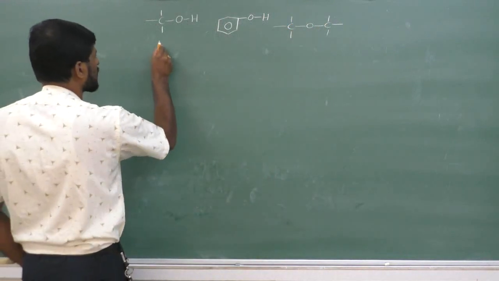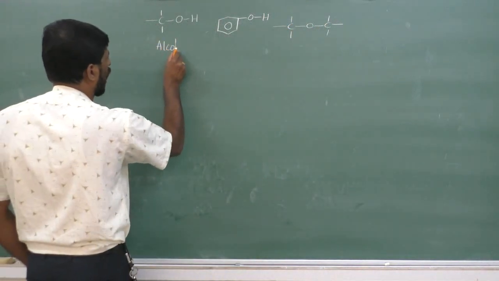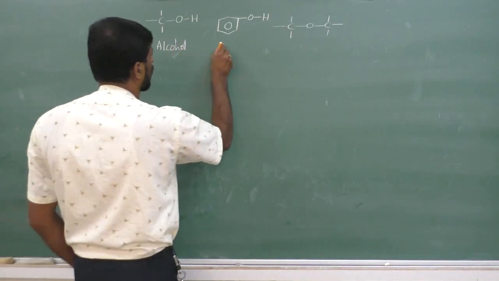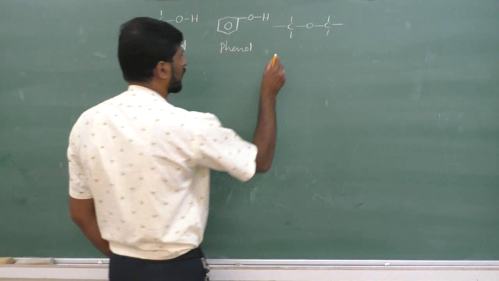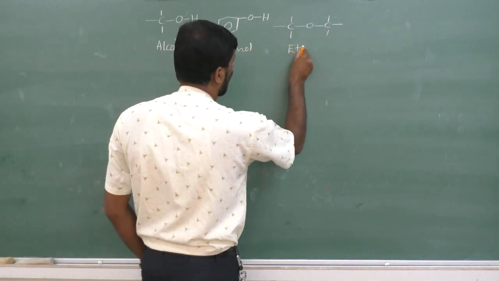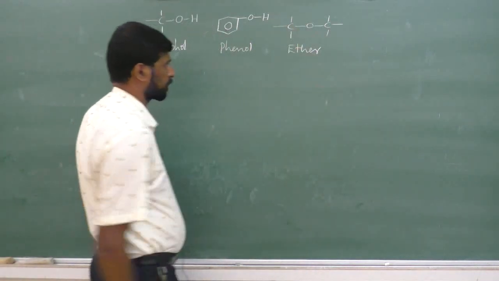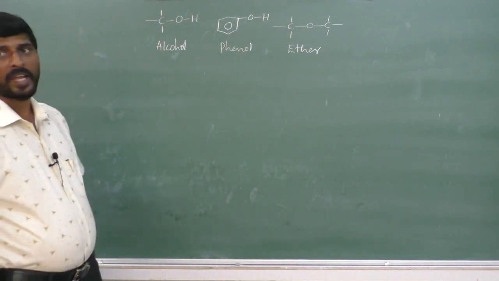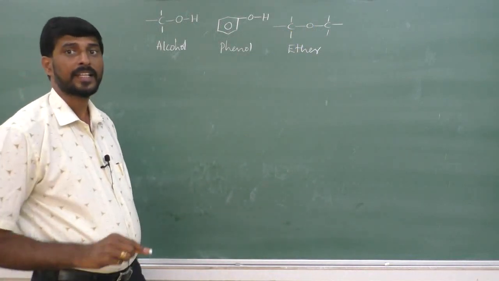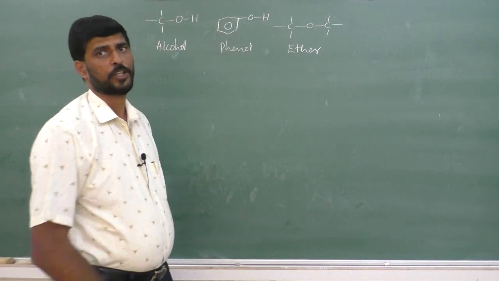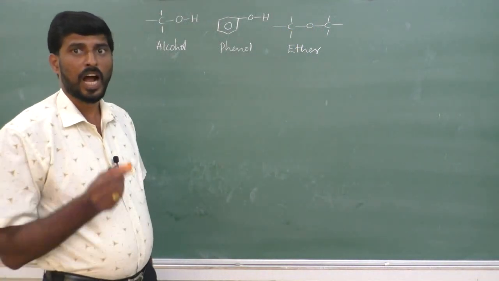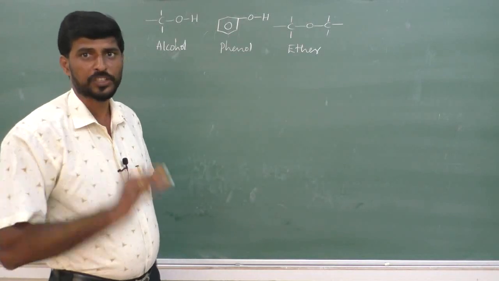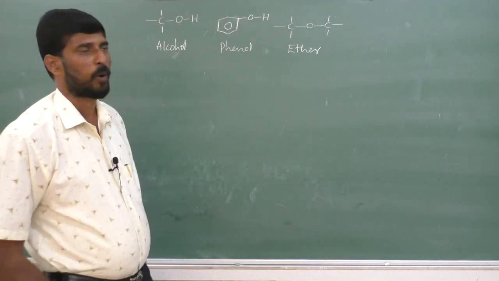Okay? So, this is alcohol, this is phenol and this is ether. Today we will discuss another very important functional group in which the carbon atom is connected to oxygen through a double bond.